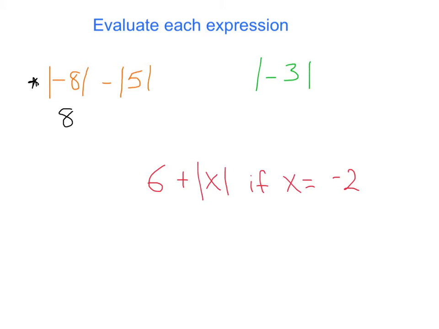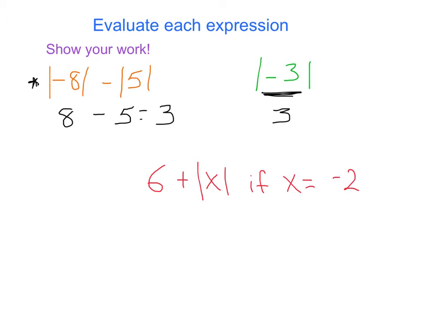The absolute value of negative 8 is going to be 8 because negative 8 is 8 units away from 0. And the absolute value of 5 would be 5. And I can see then that 8 minus 5 is 3. In the next one, the absolute value of negative 3 is just a matter of figuring out it's 3 numbers away from 0, so the absolute value would be 3.